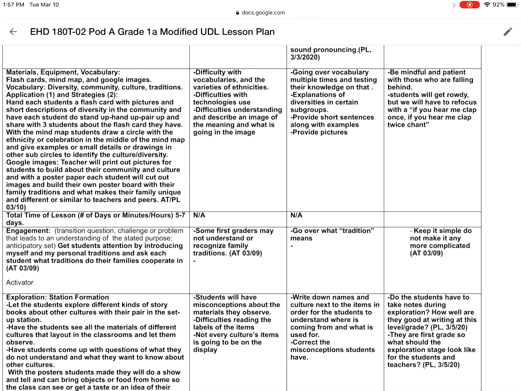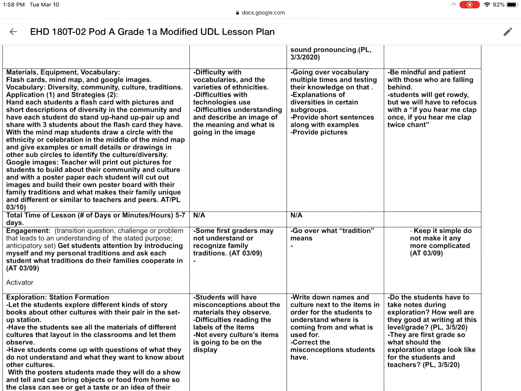The students will do a stand-up, hand-up, pair-up, and they will do that 3 times with 3 different students. Each student will read the description and show the picture to the other student, and the other student will repeat what they said and what they got from it, and vice versa.